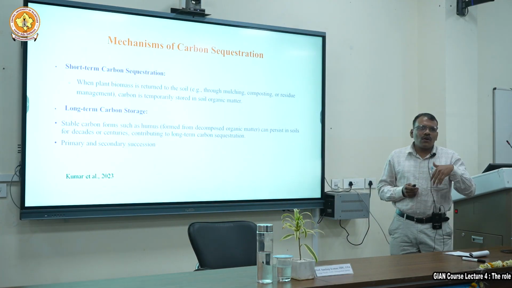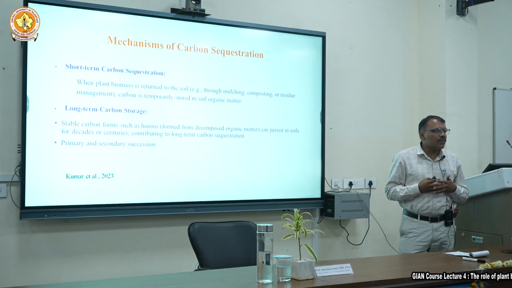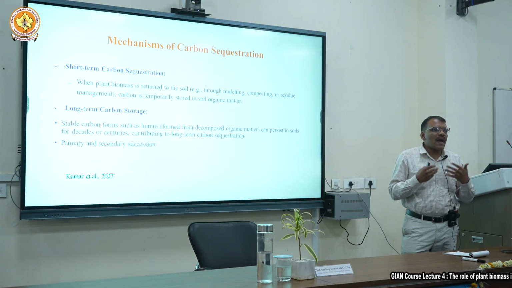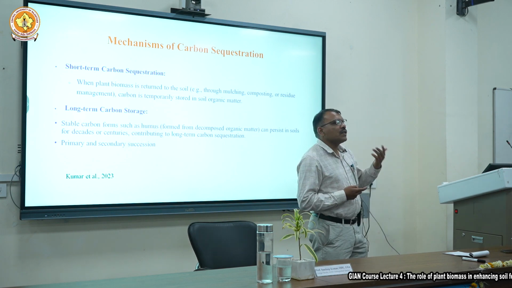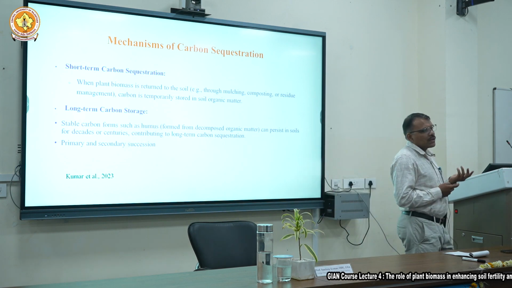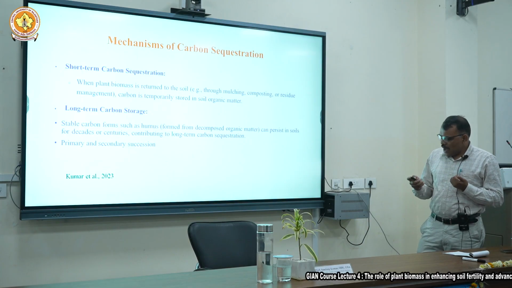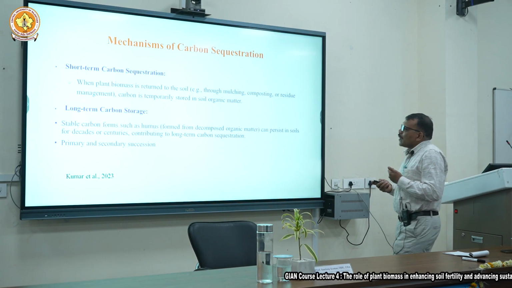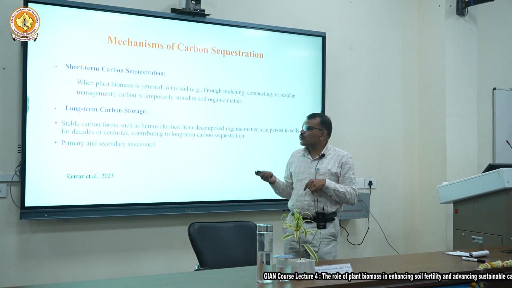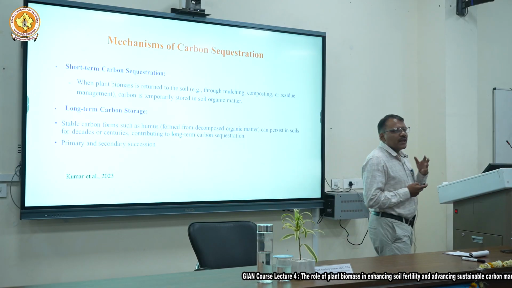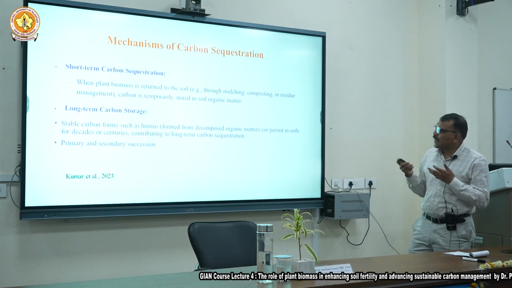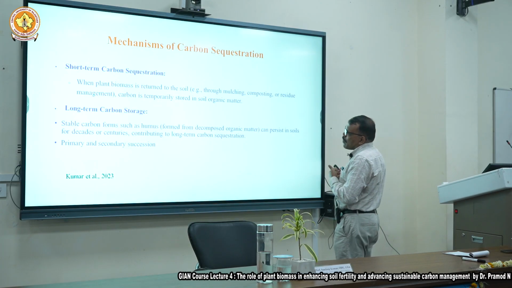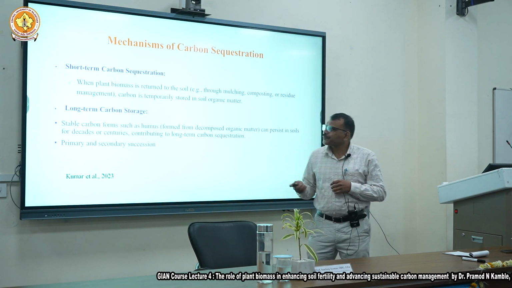Initially we add carbon into the soil, then we grow plants and harvest that particular plant, and it is a kind of seasonal or temporary sequestration of carbon. And long-term, as already mentioned, is humus development. The best example is primary and secondary sequestration in the ecosystem. These are some of the ways of carbon sequestration.